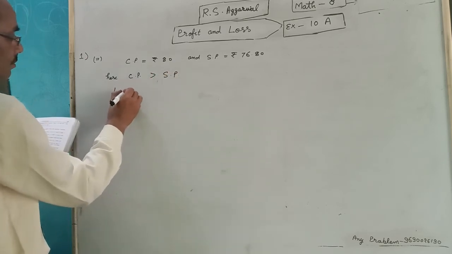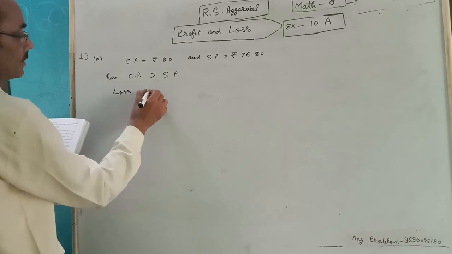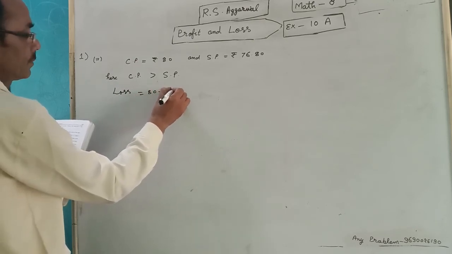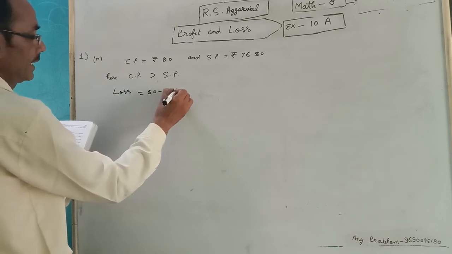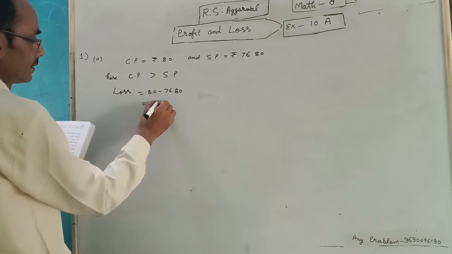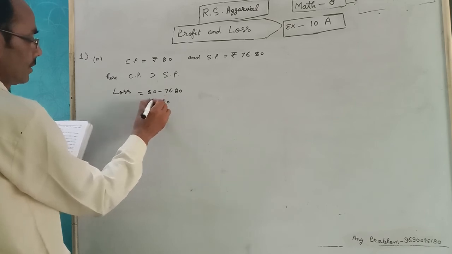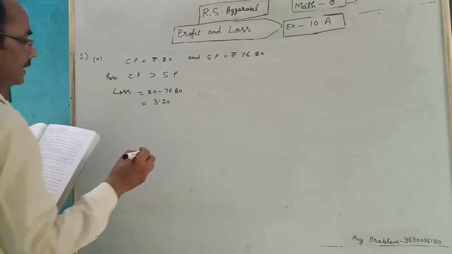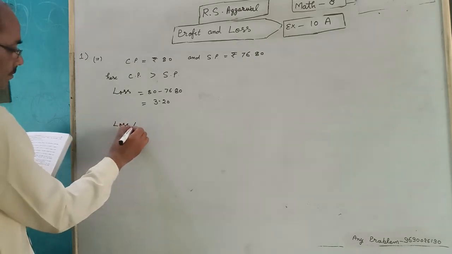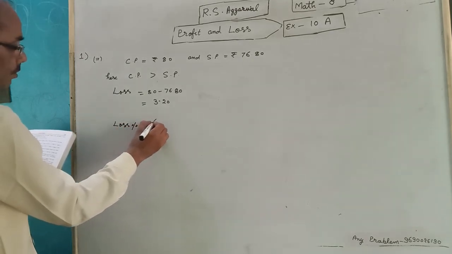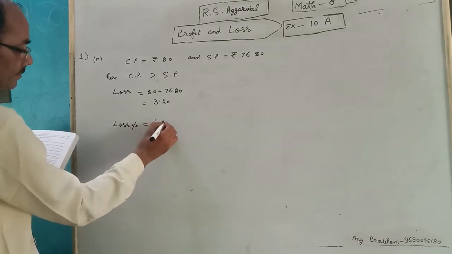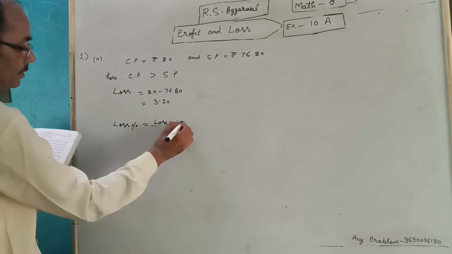Loss is equal to 80 minus 76.80. After minus is 3.20. Loss percent is equal to loss into 100 upon CP.